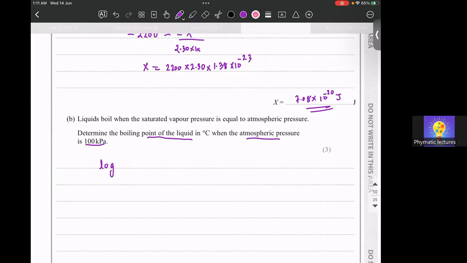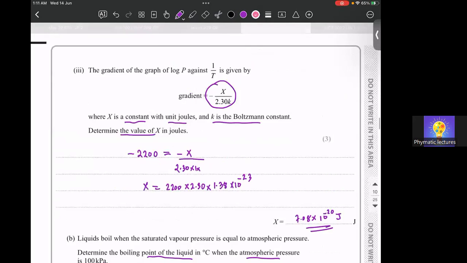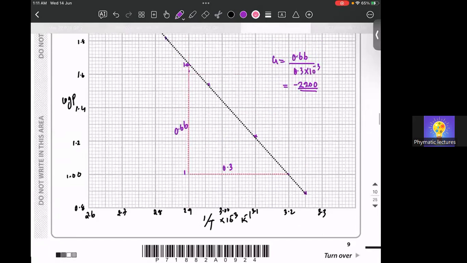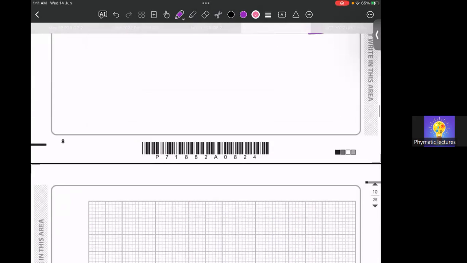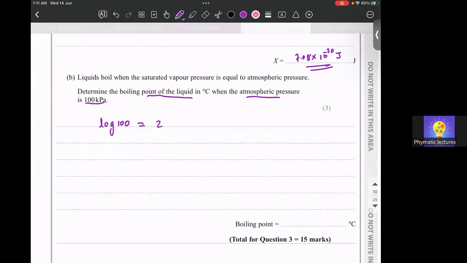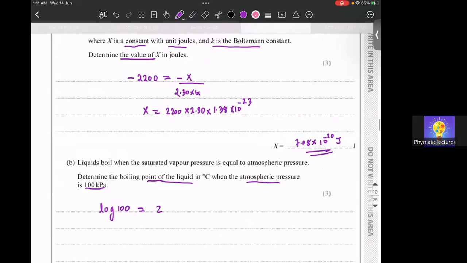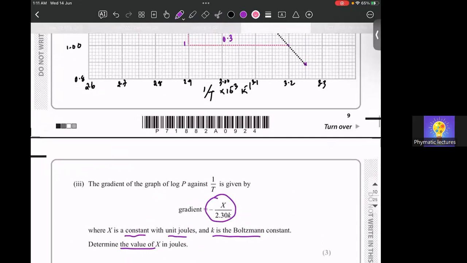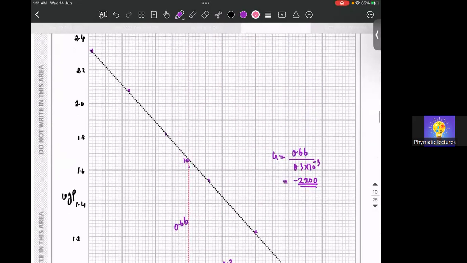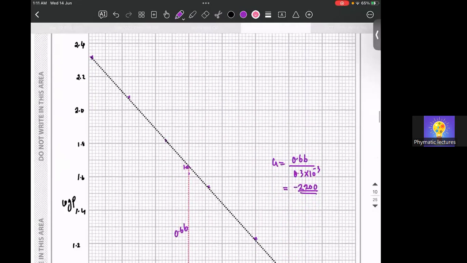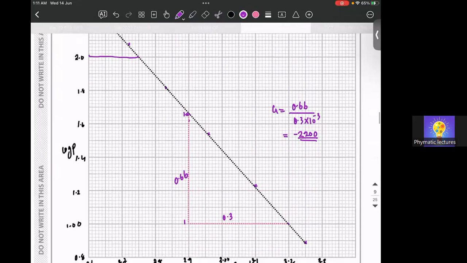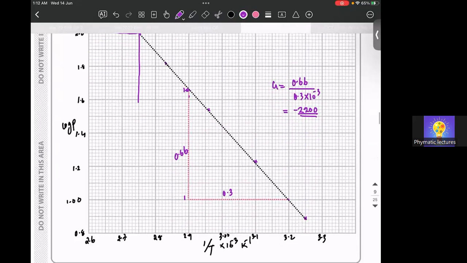For that, you can calculate log 100, because this pressure is given in kilopascal. So what is log 100? Log 100 is equal to 2. Now, for what value of 1 over T is this going to happen? This is going to happen for 2.75.